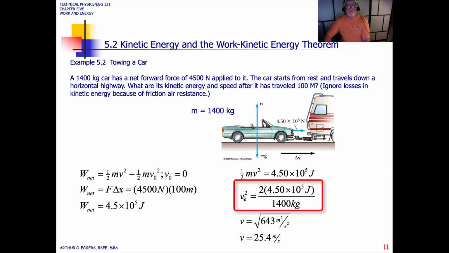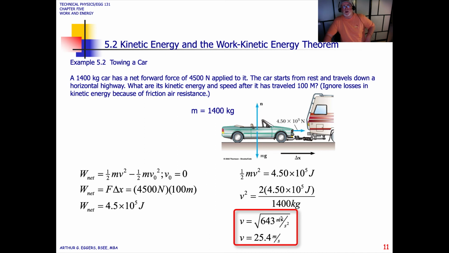So if I multiply both sides by 2, I get velocity squared final by itself. Now I have 2 times that value in the numerator, and I divide it by 1,400 kilograms because I'm going to move the mass into the denominator. Take the square root of both sides. I get the square root of 643 meters squared per second squared. And when I take the square root, I get 25.4 meters per second.